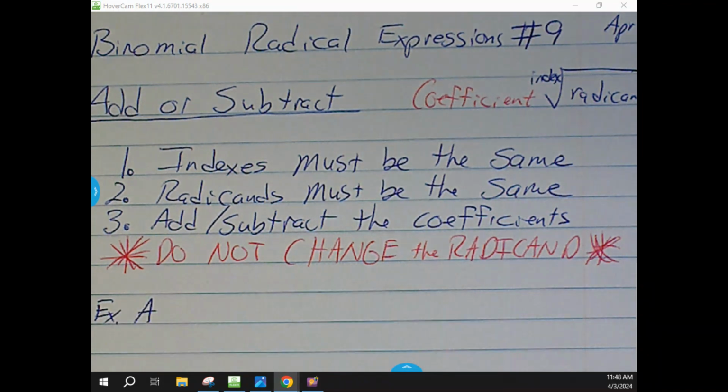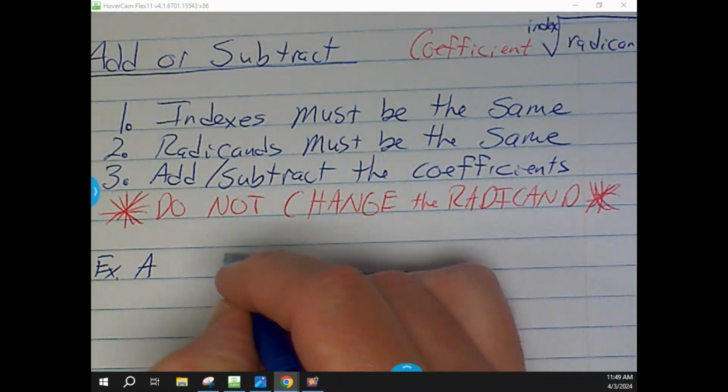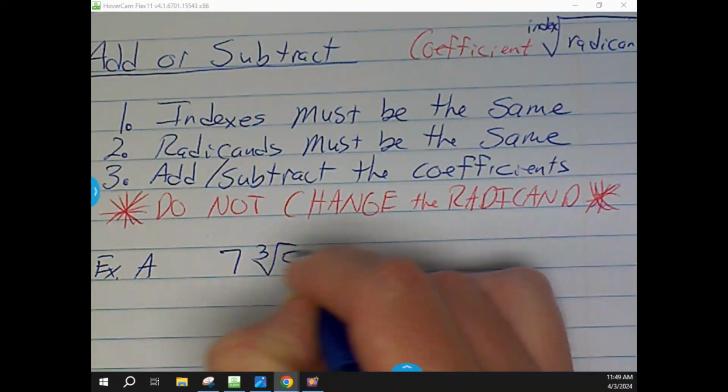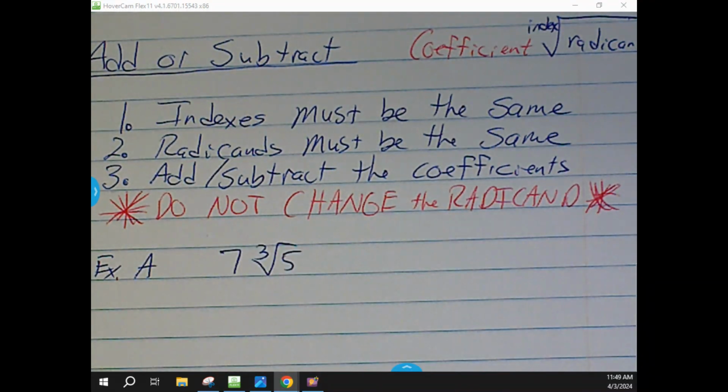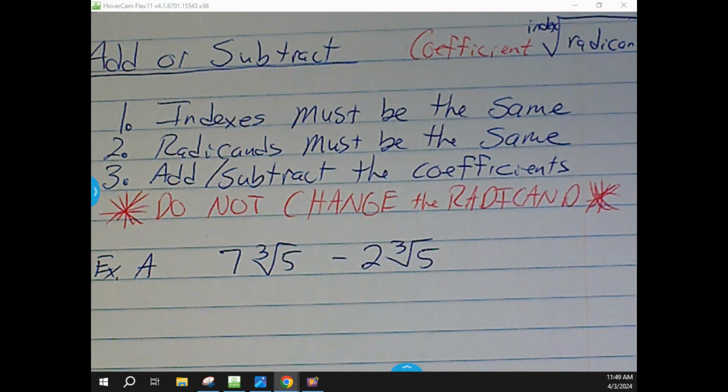All right, so let's give you a few examples, make sure we got it. Let's go 7 on the third root of 5 minus 2 on the third root of 5.